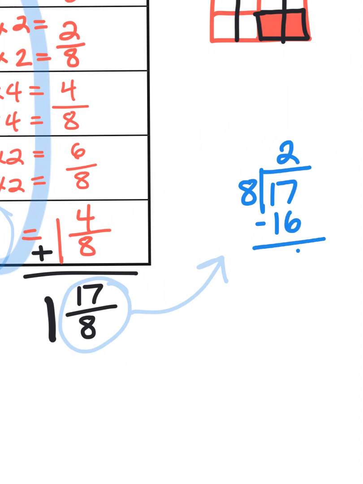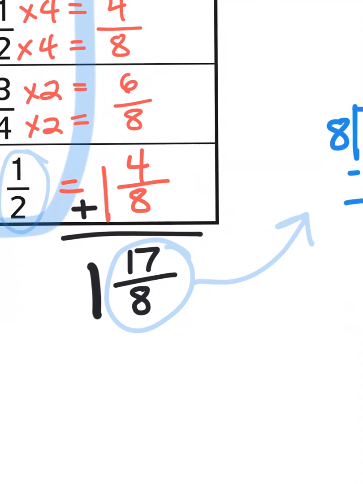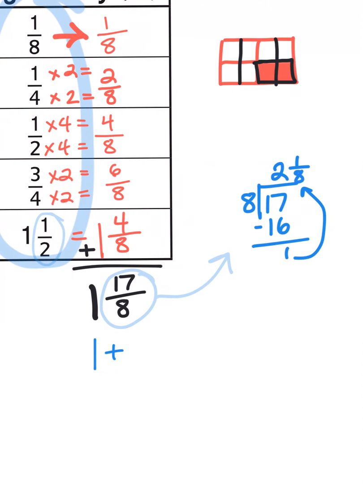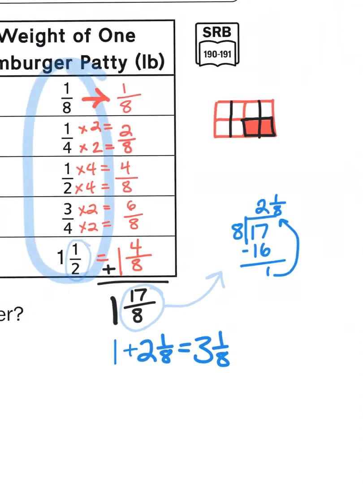I subtract the difference, and I'm left with 1, and that 1 becomes my remainder, 1/8. So now 1 and 17/8 becomes 1 and 2 1/8, which added together gives me a total of 3 1/8.